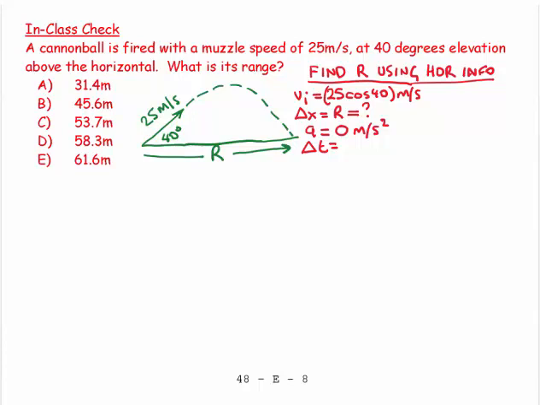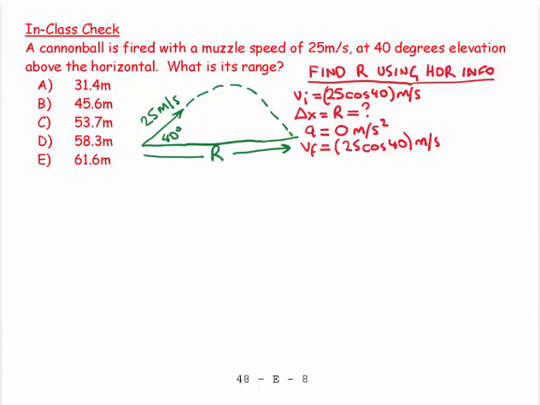Let's say that you're doing this for the first time. The most obvious thing to say is, oh, I know VF. And the correct answer is that VF equals 25 cosine 40 meters per second, because the horizontal component of velocity at the end of this journey is certainly not 0, because the end of the journey is the instant before the cannonball hits the ground.